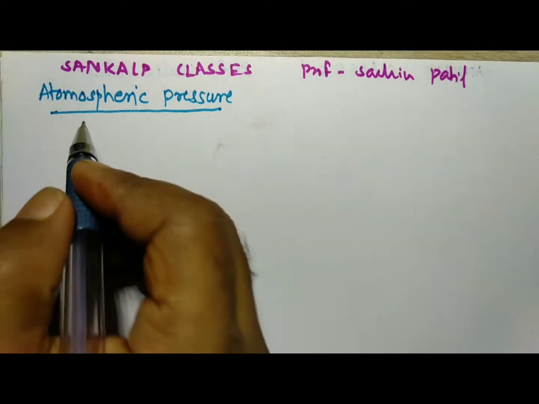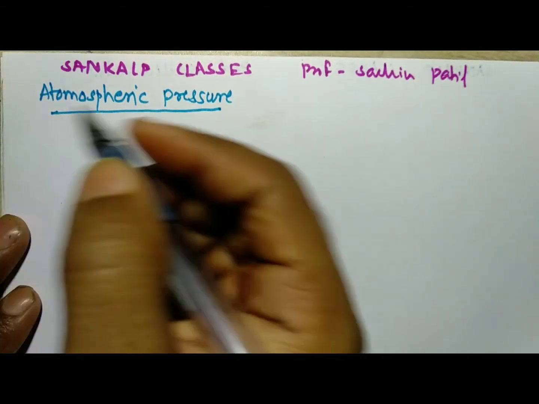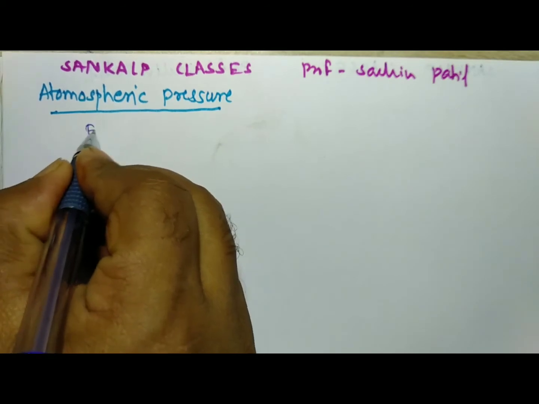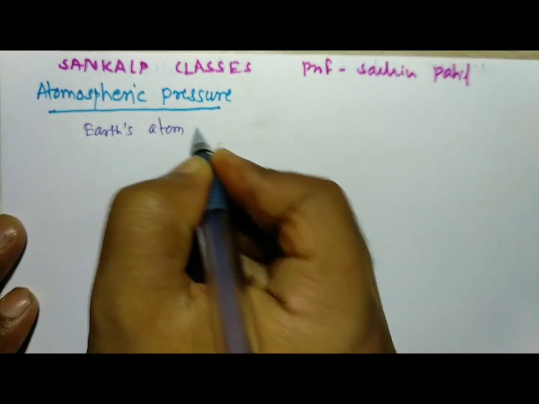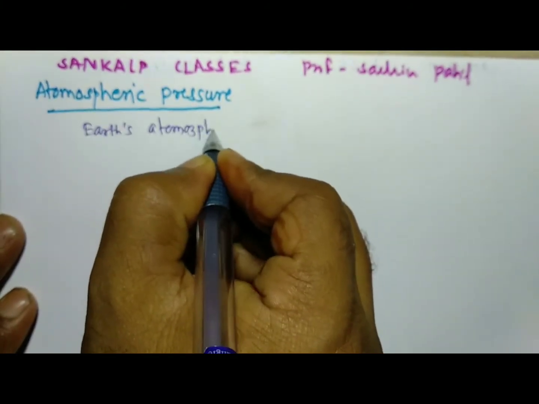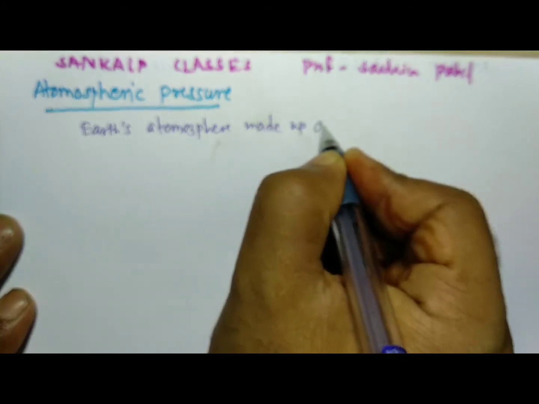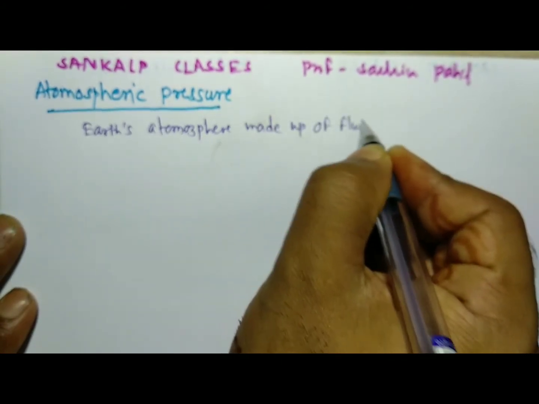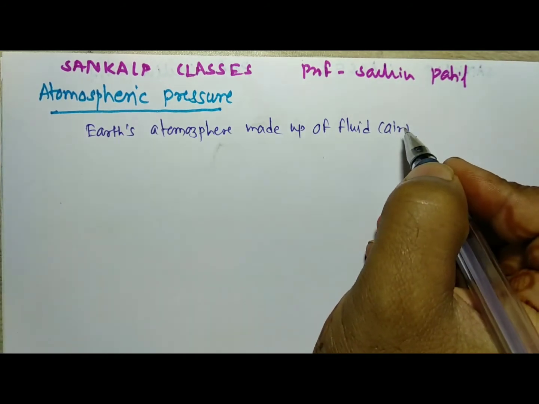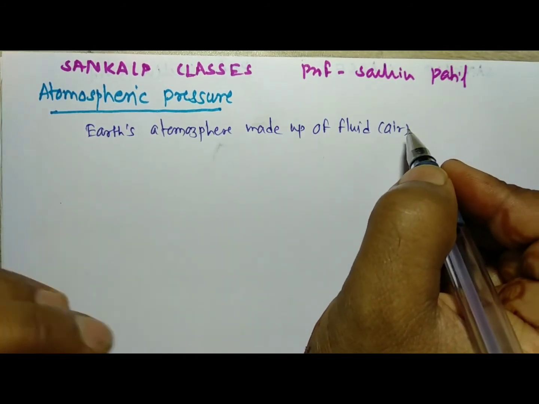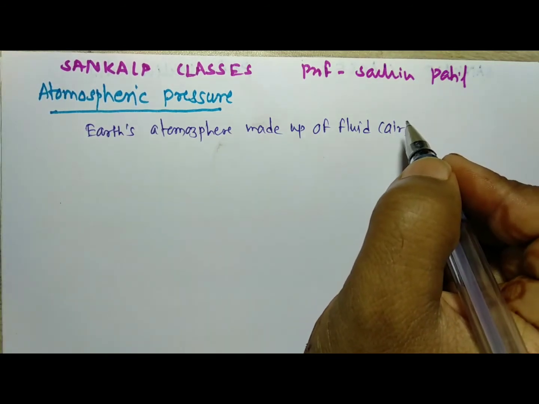Now we are moving on to atmospheric pressure, and we know that the Earth's atmosphere is made up of a fluid, that is air. Air is a combination of different gases: nitrogen, oxygen, carbon dioxide, neon, xenon.